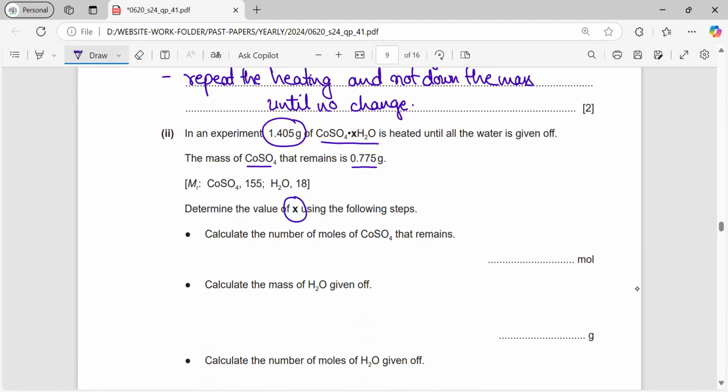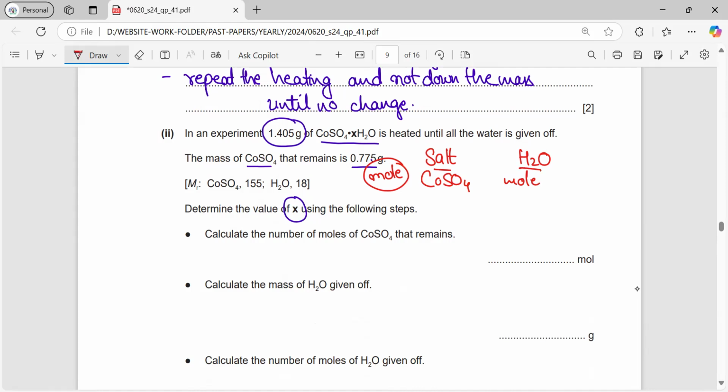To find the value of X, you have to do 3 steps. First, you will find the number of moles of the salt, whatever salt is given to you. Here, the salt is cobalt sulfate. So first we'll find the moles of cobalt sulfate. Then we'll find the moles of water.